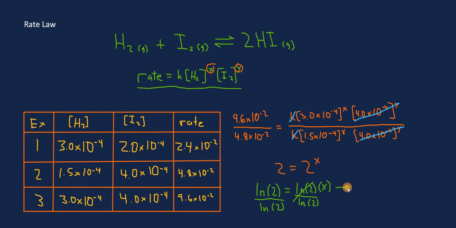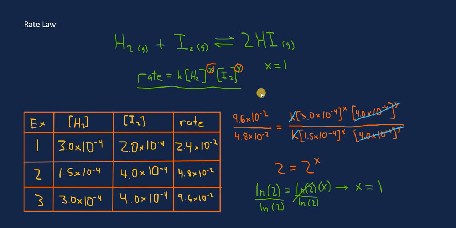So, just like we said before, using our deduction skills, x has to be equal to 1. So we'll go ahead and write that up here, x. So the rate order for H2 is going to be 1. We'll replace that x with a 1 later.